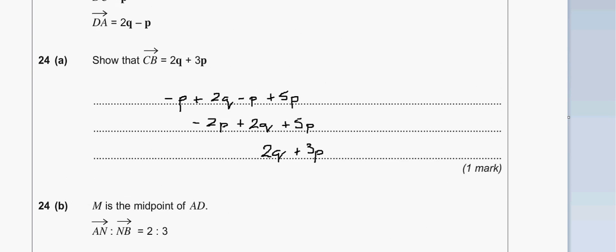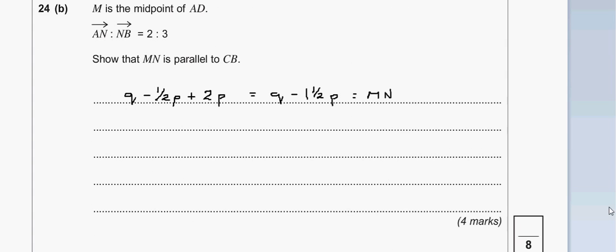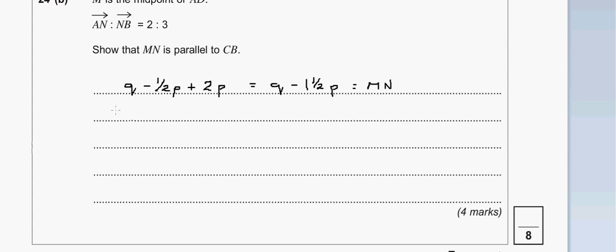Now we know C to B is 2q plus 3p. C to B, I better put the arrows in here and the arrows in here, equals 2q plus, no, I was right.